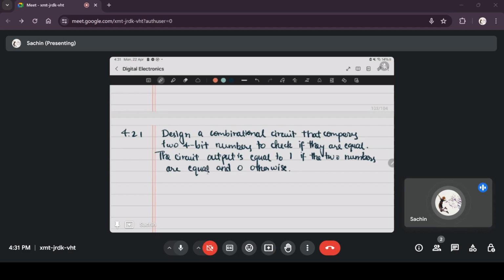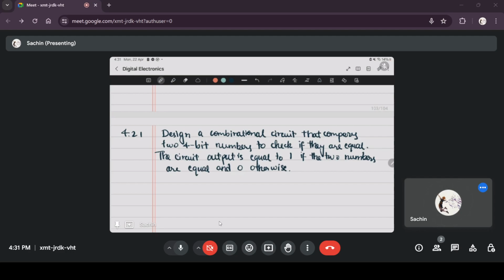So the naive way to do this is write the truth table and get the expression that you want. Only problem with that is there are two 4-bit numbers.